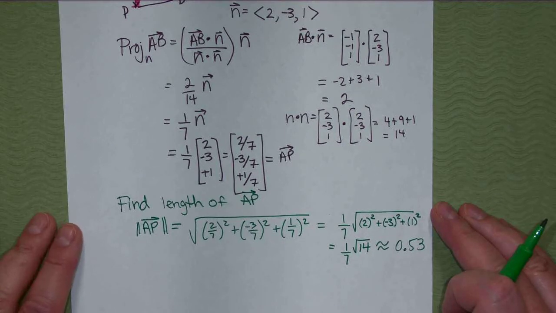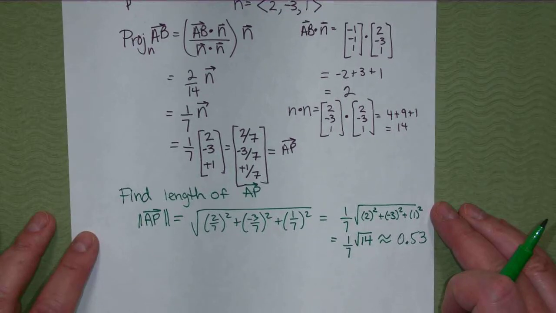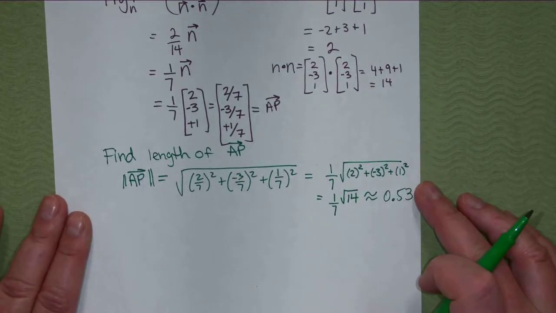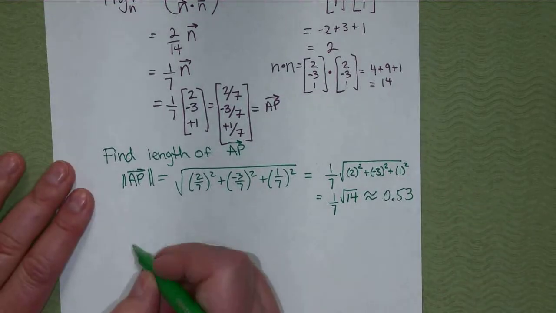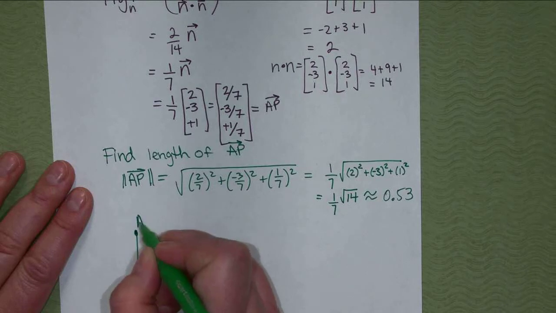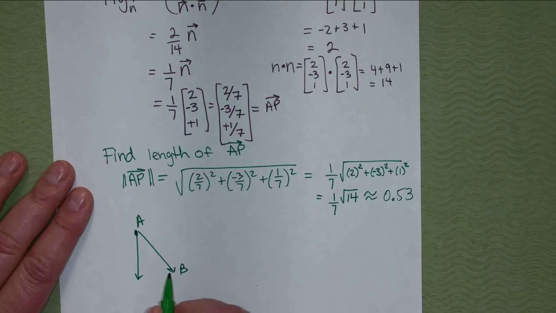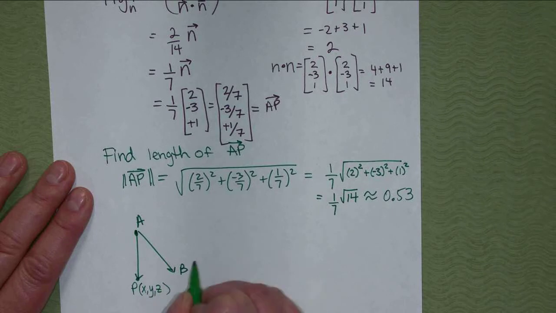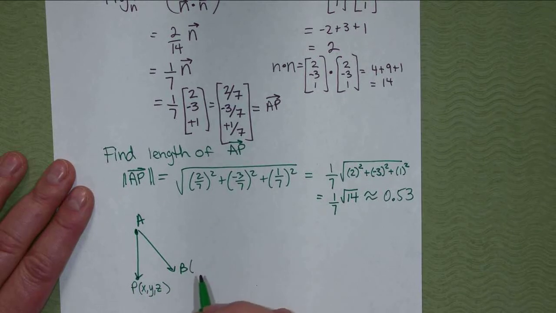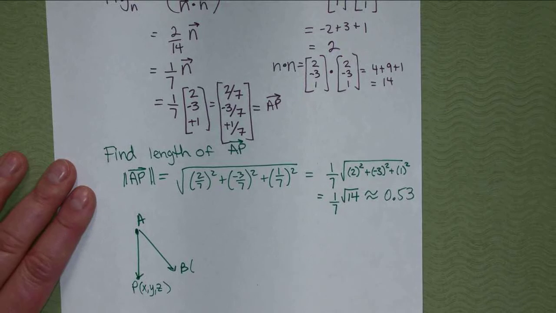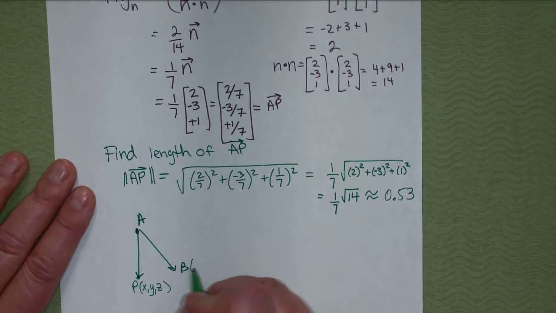Now the point. So how do we do that? So the point, now we've got A and B, and here's P. So P is X, Y, Z. B was 002, and A was 111.